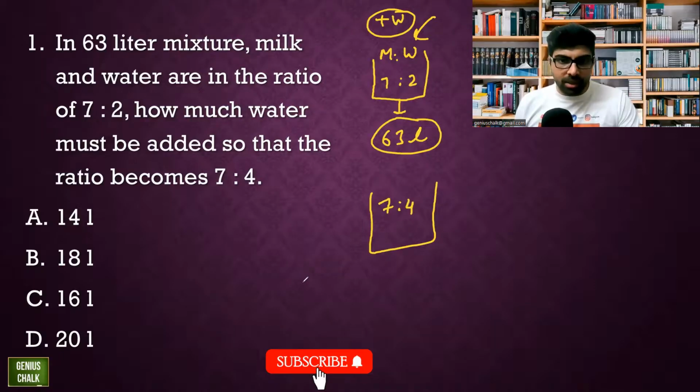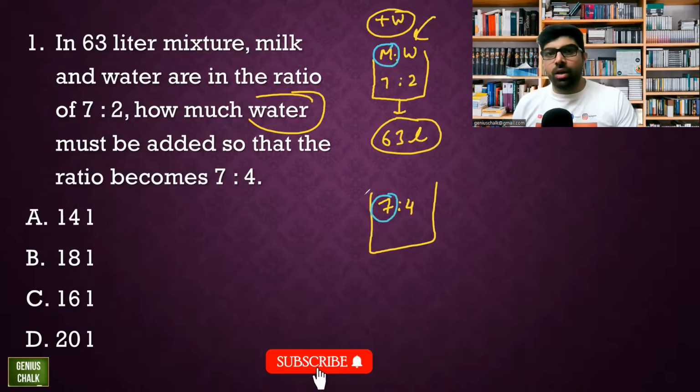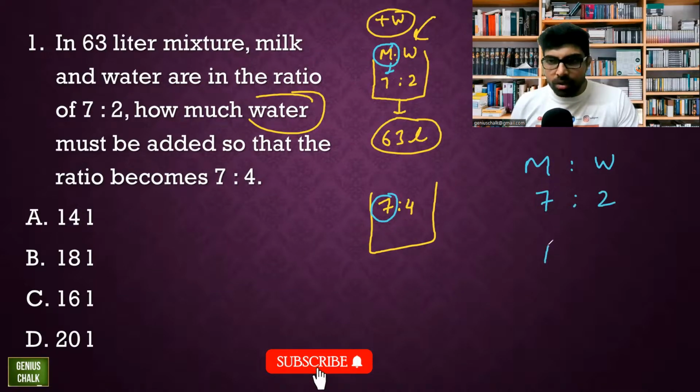So the concept is that when I am adding water, that means the milk has to be the same. You can see milk and water. The ratio was 7:2 earlier, and now the ratio is 7:4.